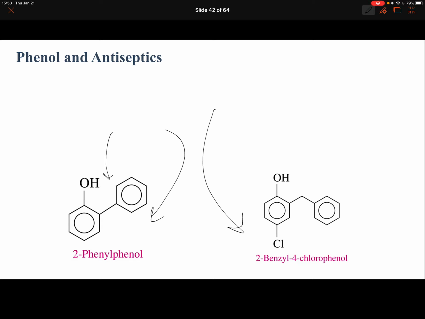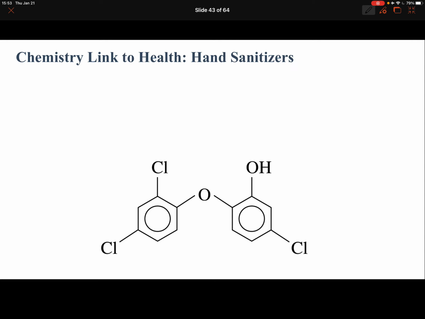So we've added some more benzene rings here, another carbon here, a Cl, and somehow these are better at disinfecting surfaces. Hand sanitizer as well contains ethanol.